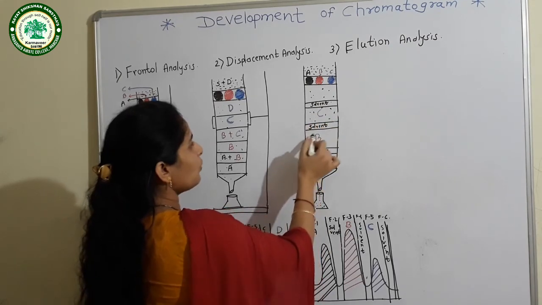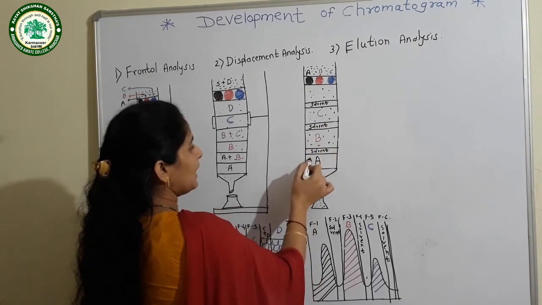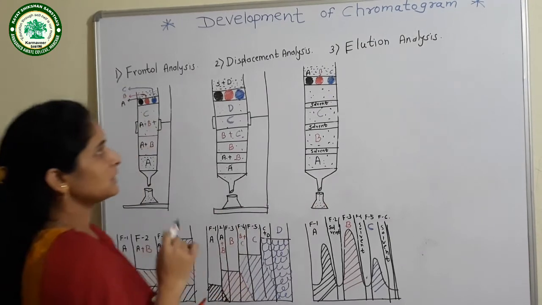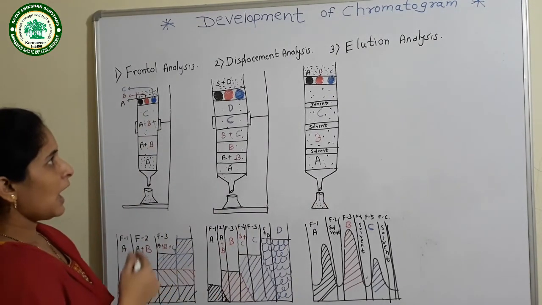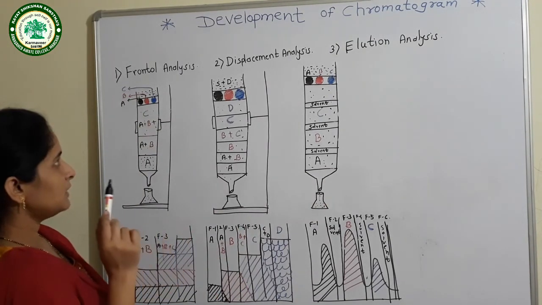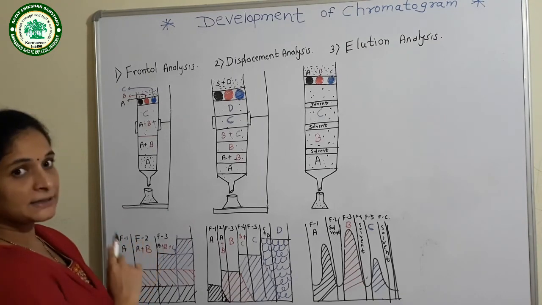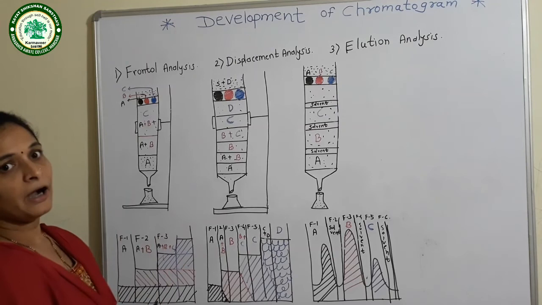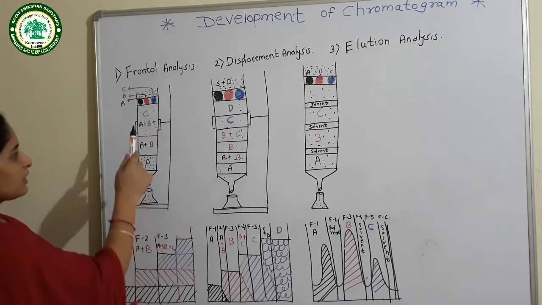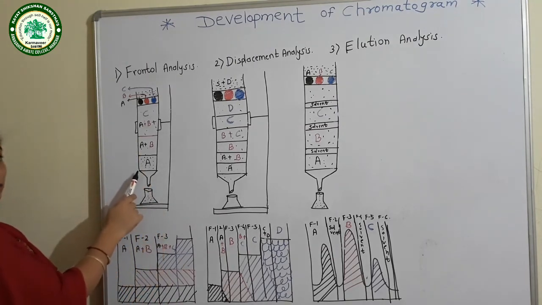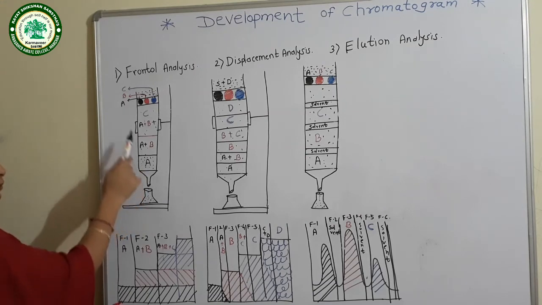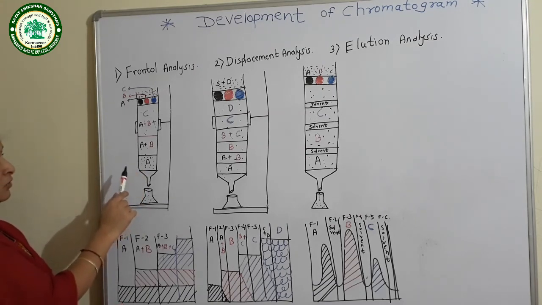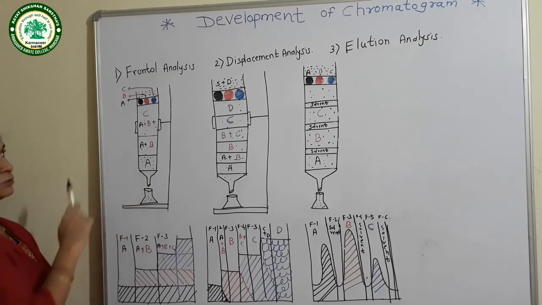So most of the time elution analysis is used because elution analysis gives a 100% result, unlike displacement analysis and frontal analysis, which do not give a 100% result. In frontal analysis, only one of the components from the mixture will be obtained in purest form.